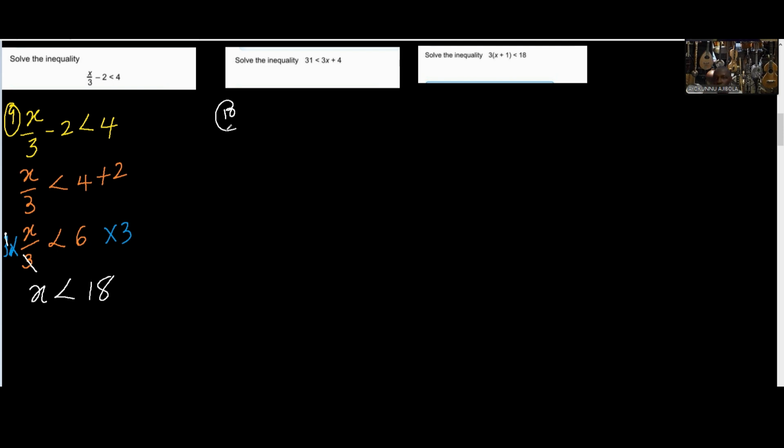Then number 10, we have 31 less than 3x plus 4. We can move the number to meet the other number. It becomes negative 4. So we have 31 minus 4 less than 3x. Then, what is 31 minus 4, Kieran?